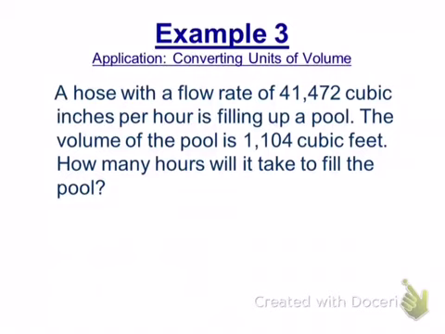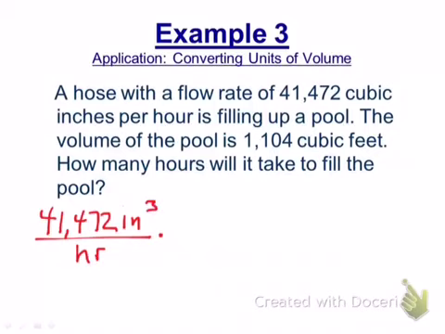Okay, so if I do 41,472 cubic inches per hour, and I want to convert that to cubic feet per hour, I just have to get the inches to go away. That's cubic inches, by the way. Inches cubed.